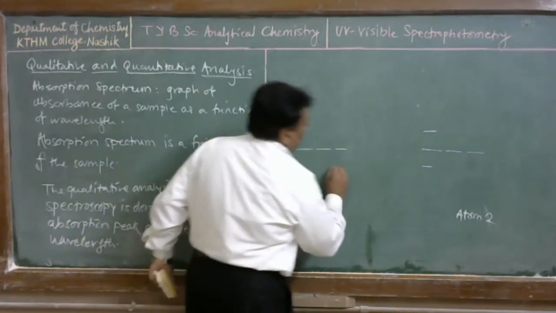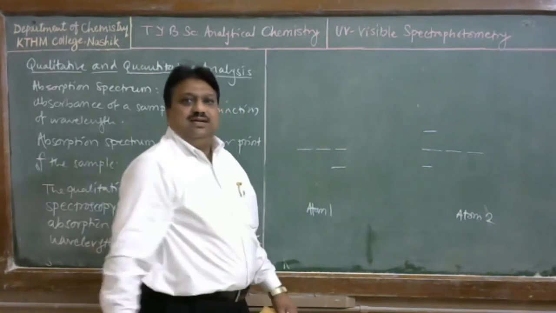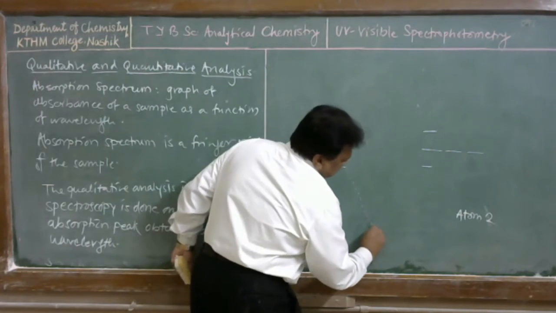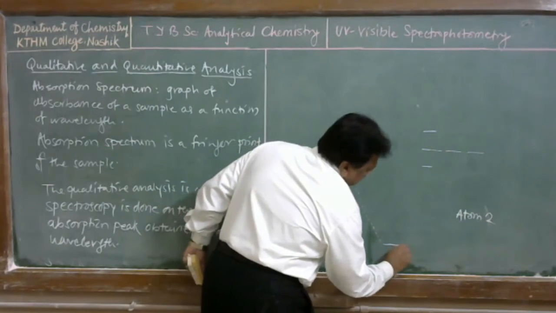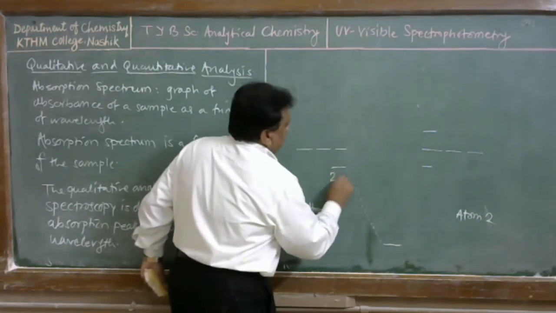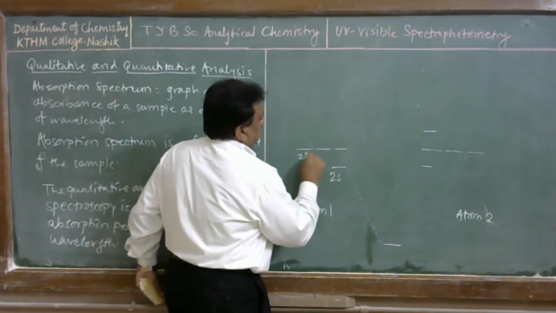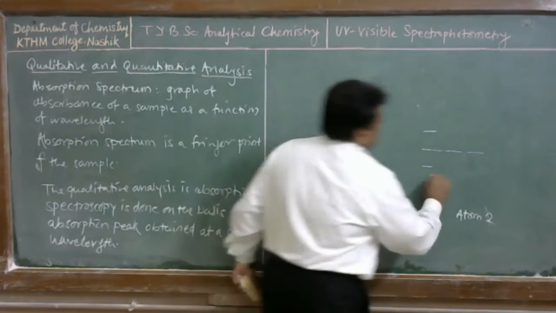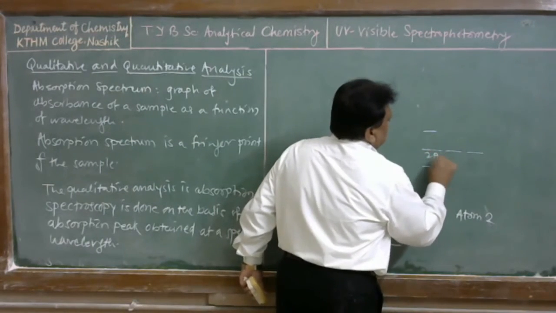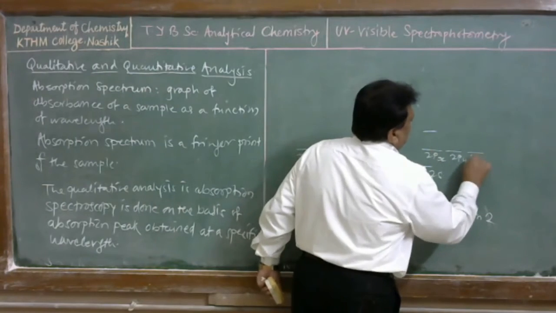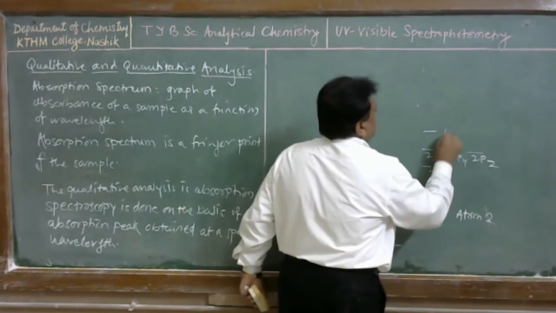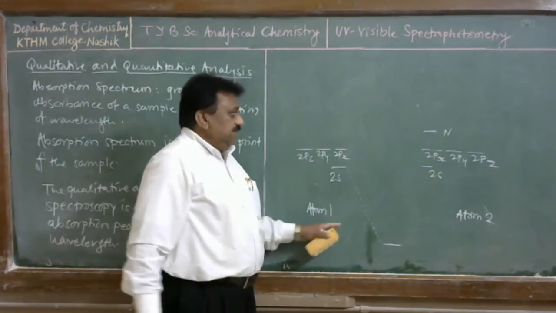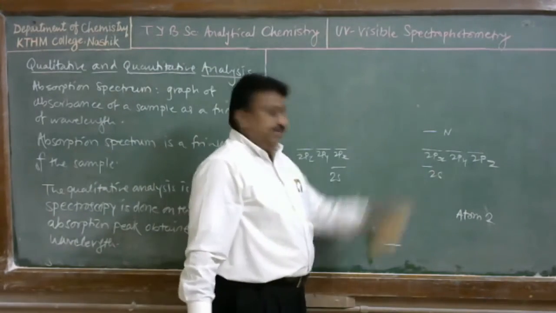When these two atoms combine together, there is formation of bonding molecular orbitals. This is 2s, 2pz, 2py, 2px. Similarly, this is 2s, 2px, 2py, 2pz, and this is the non-bonding atomic orbital.